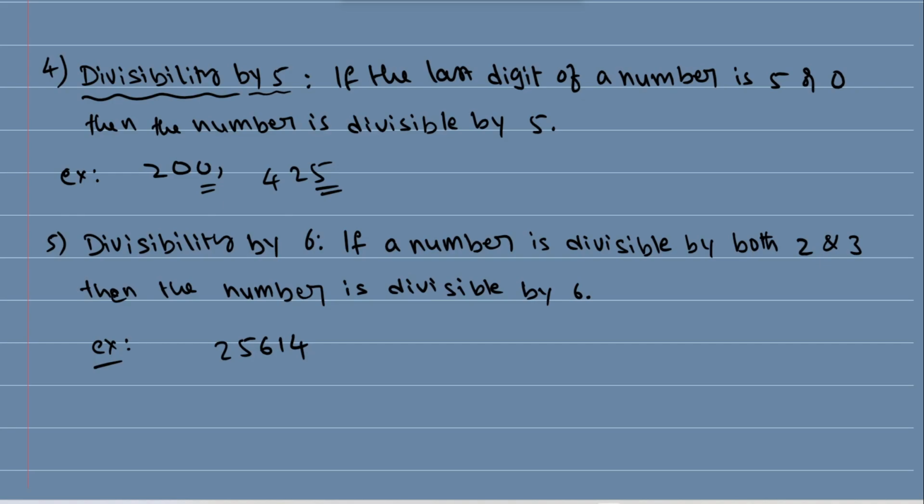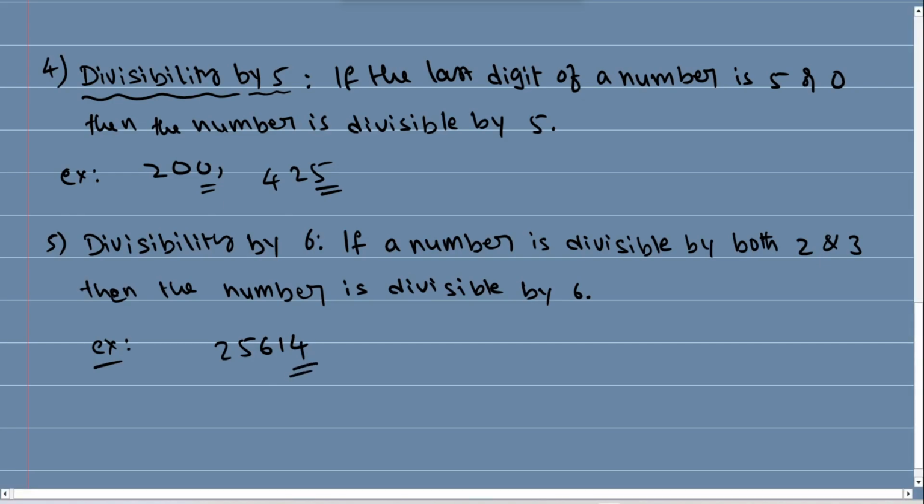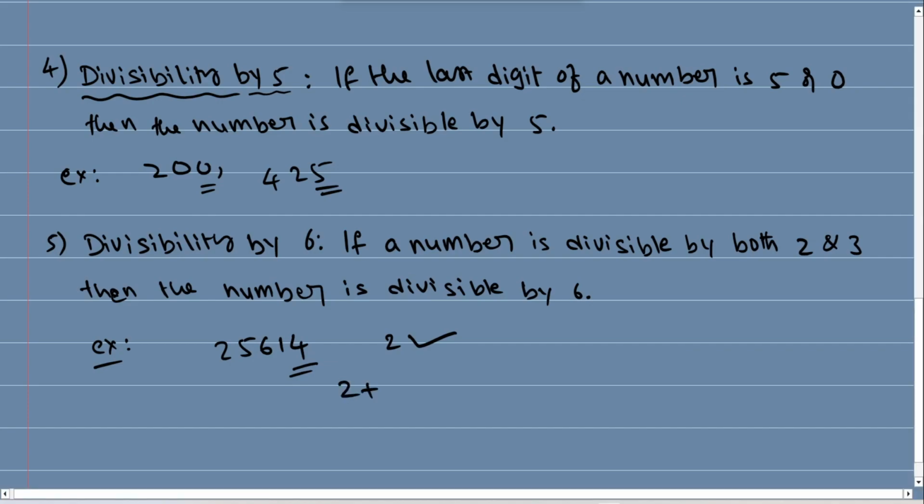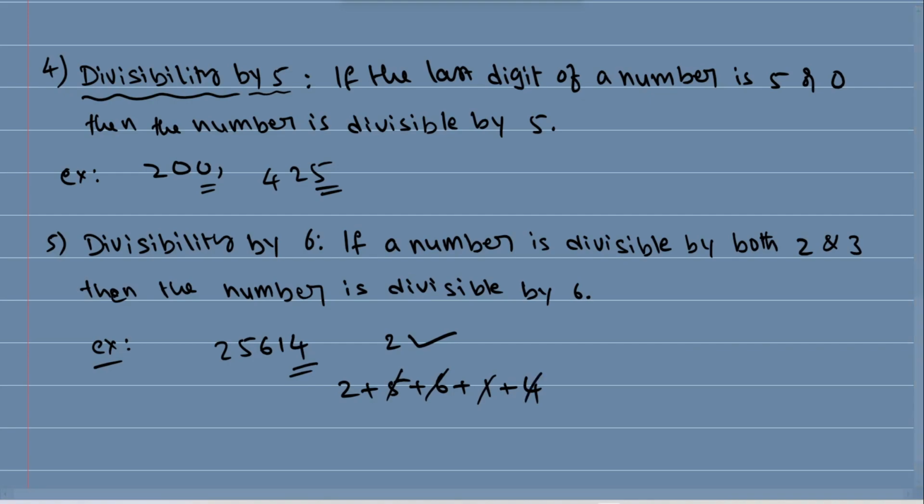The last digit is even, so divisibility by 2 is okay. Then we have to consider 3. 2 plus 5 plus 6 plus 1 plus 4. 2 plus 5 is 7, 7 plus 6 is 13, plus 1 is 14, plus 4 is 18. 18 is divisible by 3, so the divisibility by 3 also succeeds. So the number is divisible by 6.